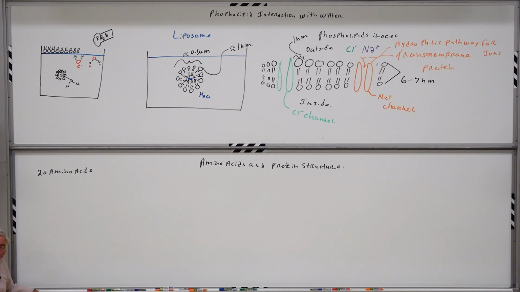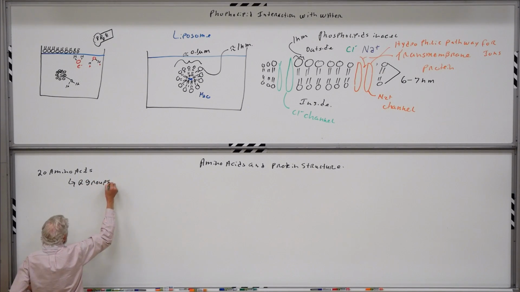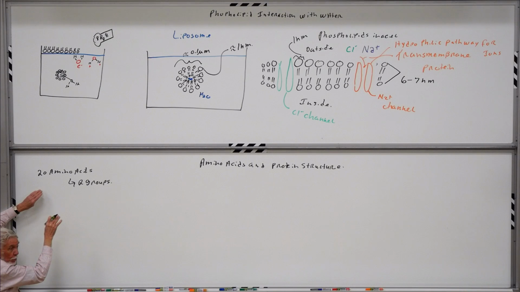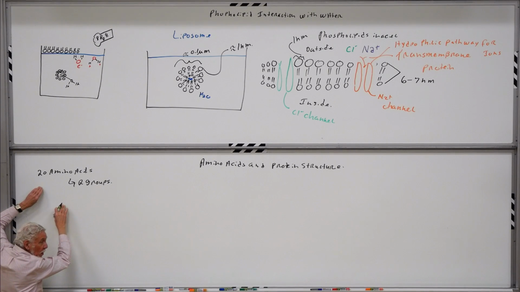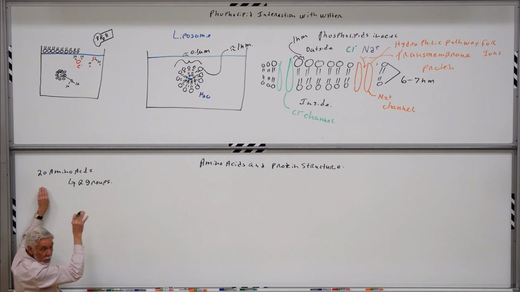And the 20 amino acids are distinguished one from another by their R groups. So there are 20 different R groups to determine the 20 different amino acids. But there's a consistent structure among all of these amino acids.